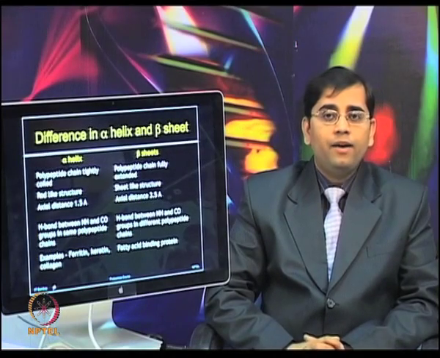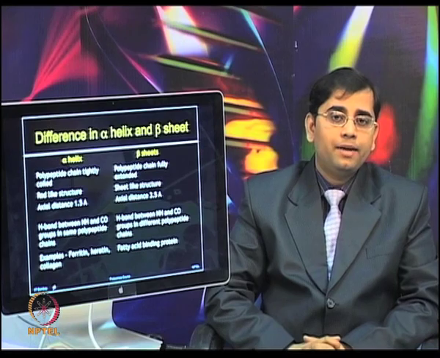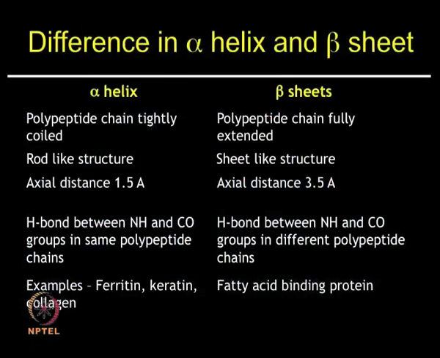The differences between alpha helix and beta sheet are summarized in this slide. The alpha helix polypeptide chain is tightly coiled, whereas in beta sheet it is fully extended. Alpha helix is a rod-like structure and beta sheet is a sheet-like structure. The axial distance between adjacent amino acids is 1.5 angstrom in alpha helix, whereas it is 3.5 angstrom in beta sheets.